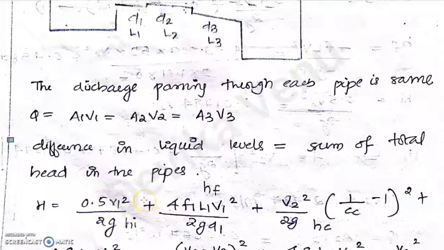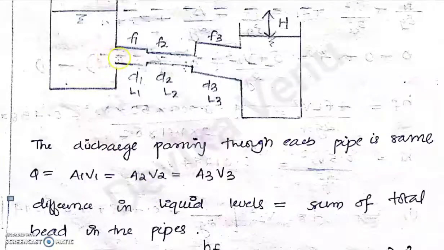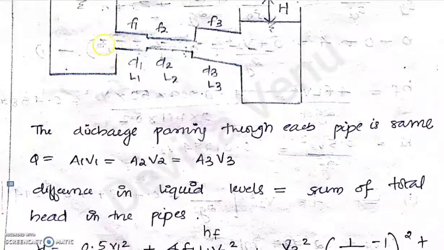In the last class we saw which equations you have to learn by heart for each type of case. For the entrance, this is the head loss: 0.5 V1 square by 2g.